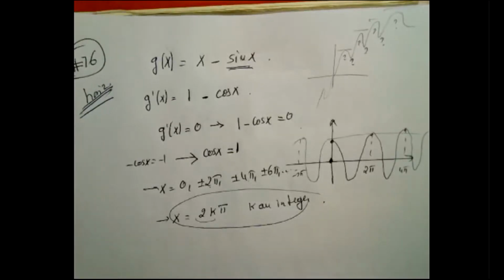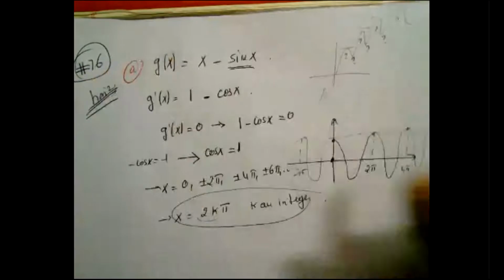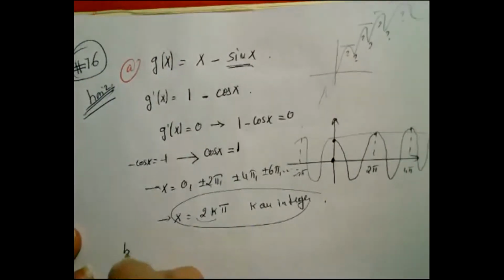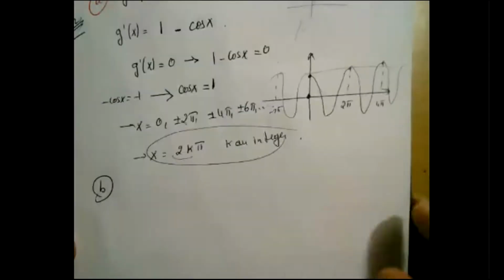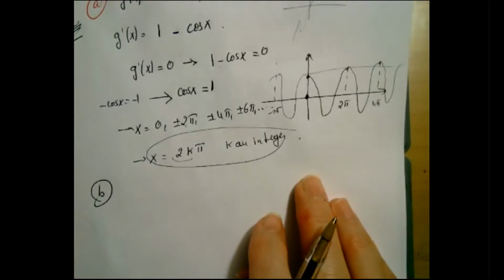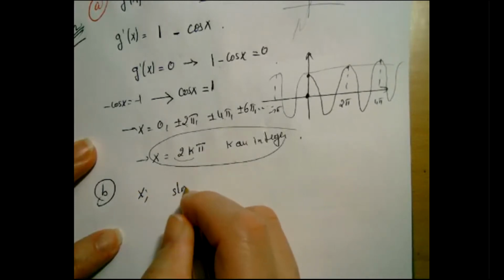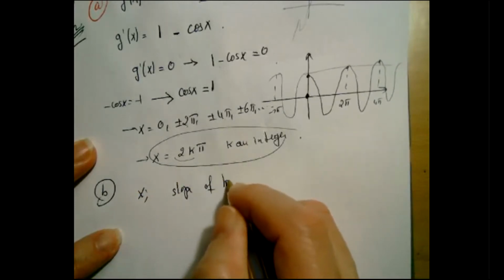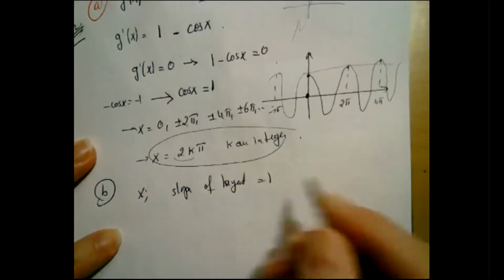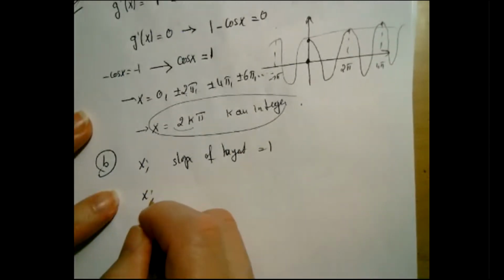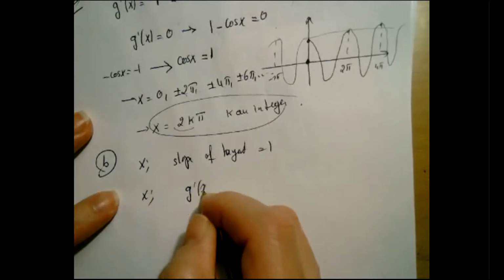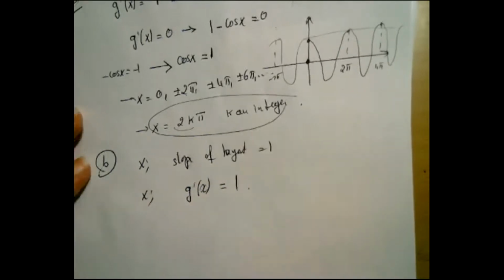Okay. All right, now part A is the following. For what value of x is the slope equal to 1? So we're going to find the values of x where the slope of the tangent is 1. It means we want to find the values of x where the derivative is equal to 1.